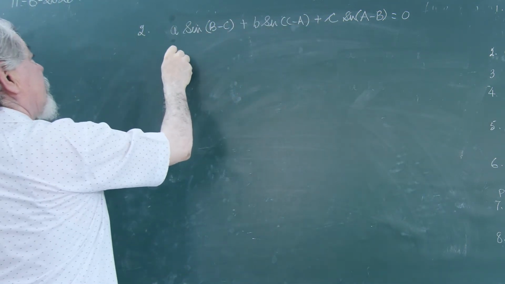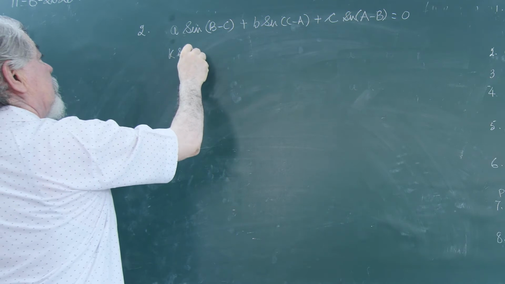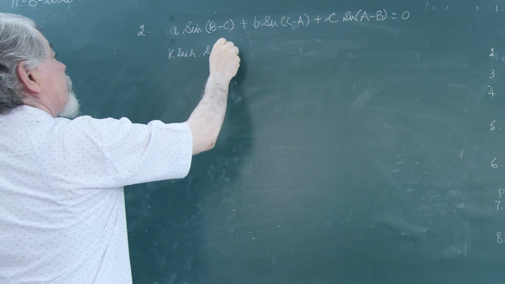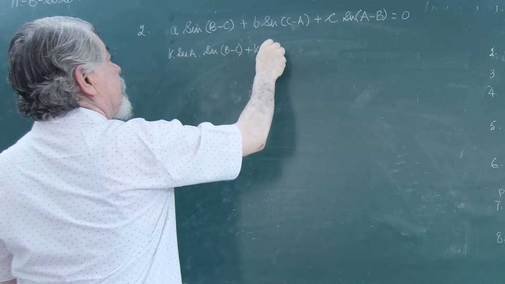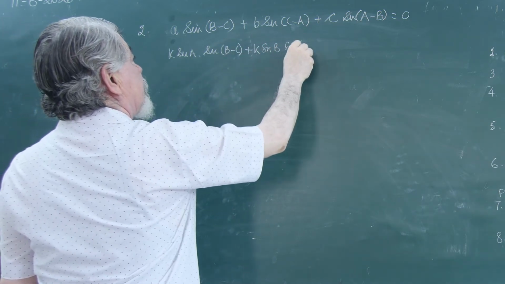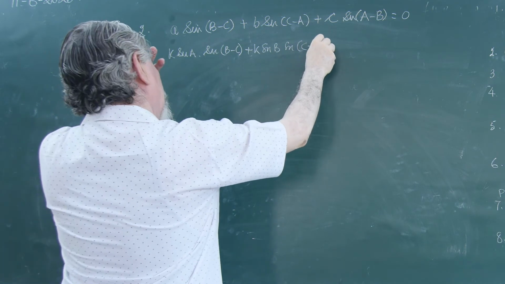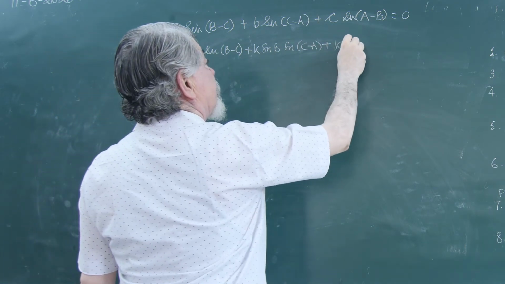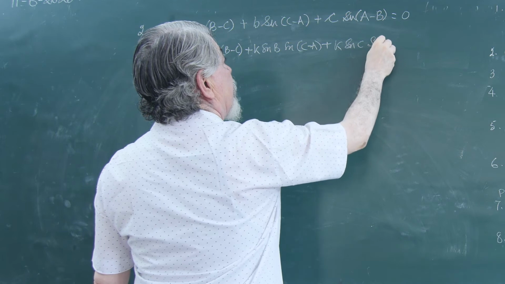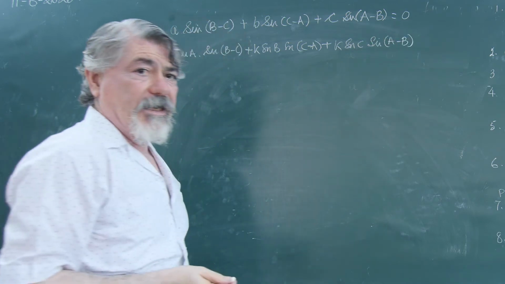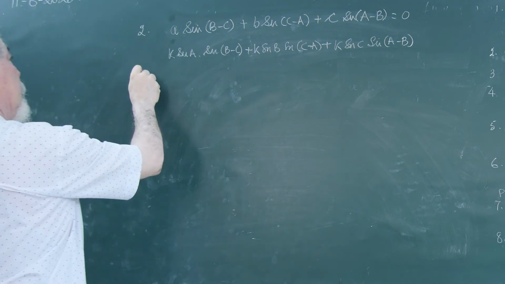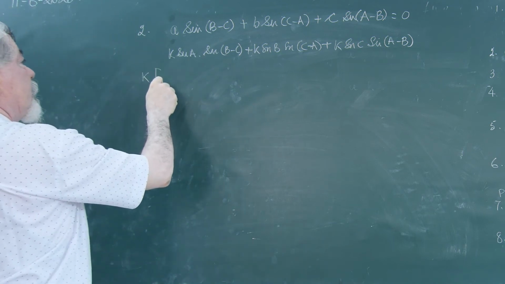It will be k sine a into sine(b minus c) plus k sine b sine(c minus a) plus k sine c into sine(a minus b). K is common, I can take the k out. K is a constant, it cannot be equal to 0.